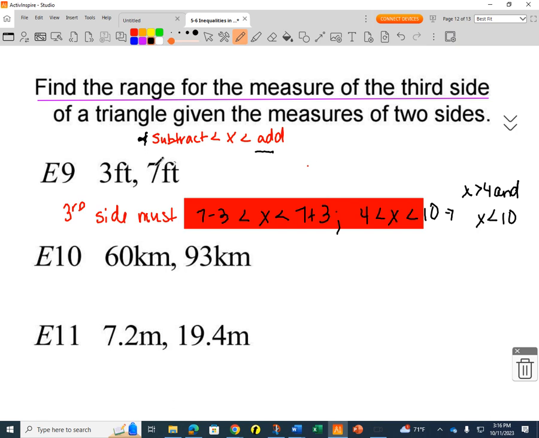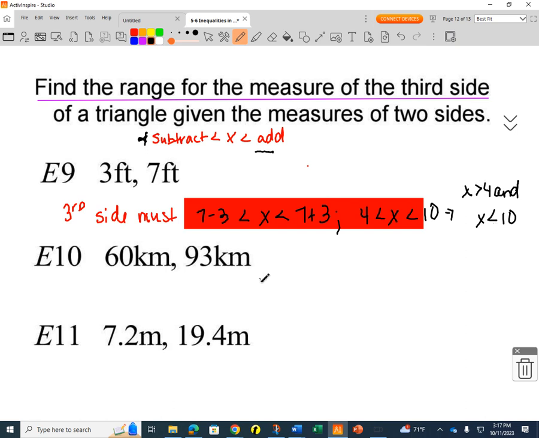So 3, 7, and 6 could make a triangle. 3, 7, and 4 could not make a triangle, right? So that would be an example of a value that would work and a value that wouldn't work, given that this is the range of values for that side.